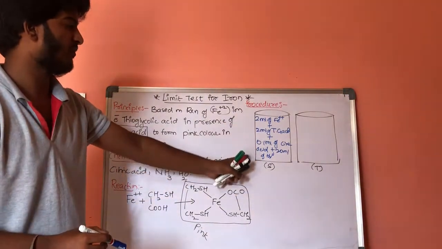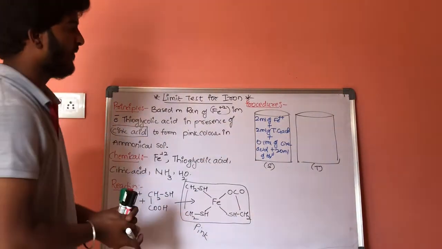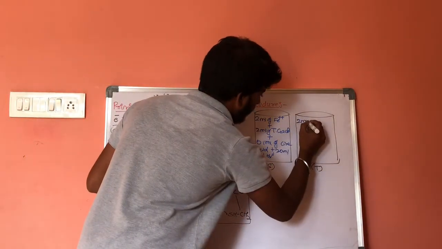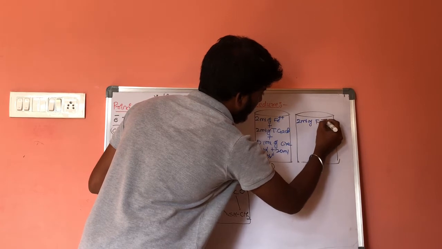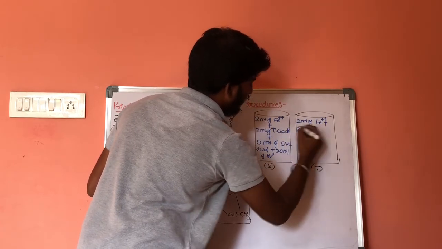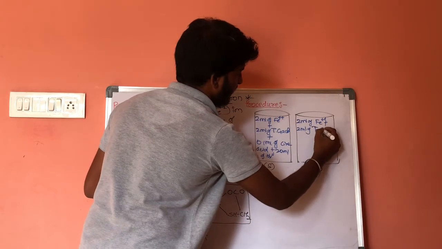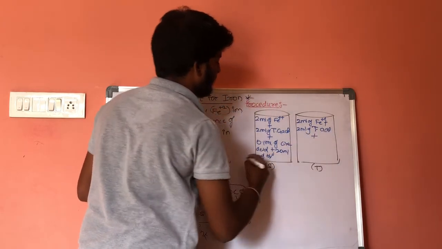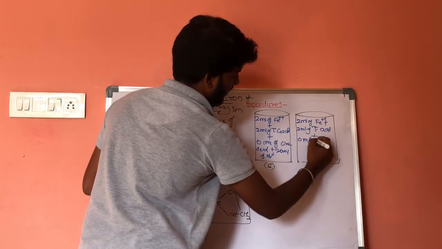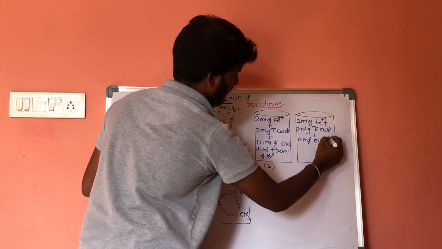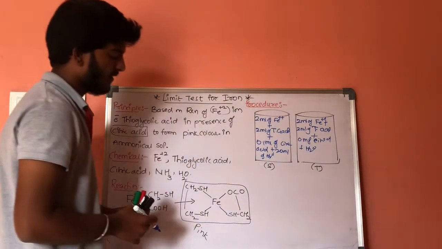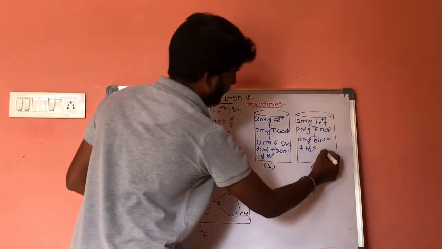This is the procedure of the standard solution. In case of the test solution we should add 2 ml of Fe+2 ions plus 2 ml of iron free thioglycolic acid plus 0.1 ml of citric acid plus water and ammonia.